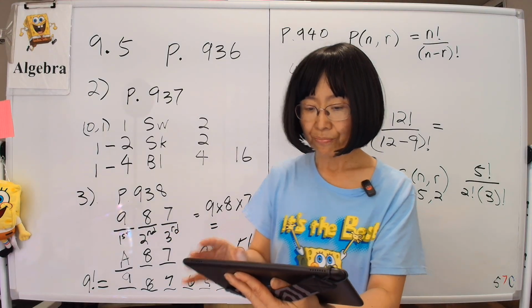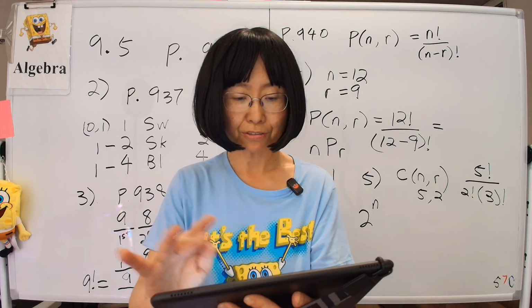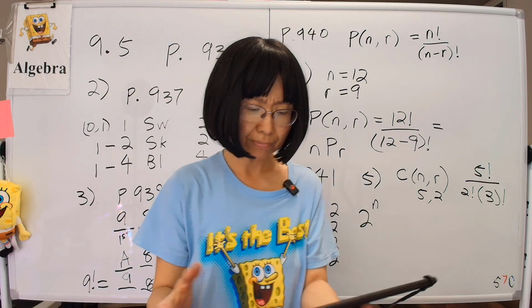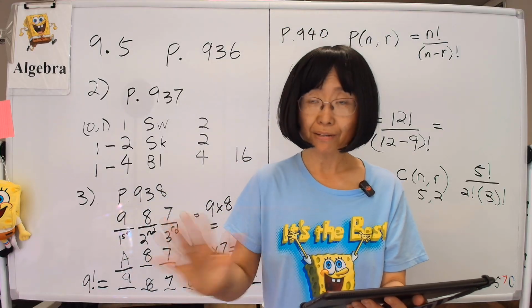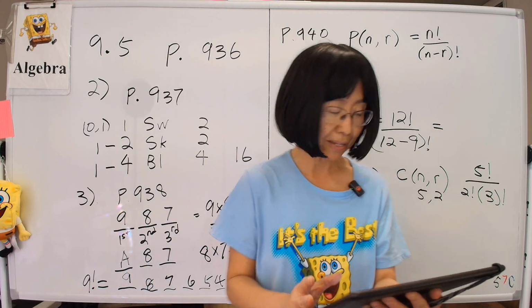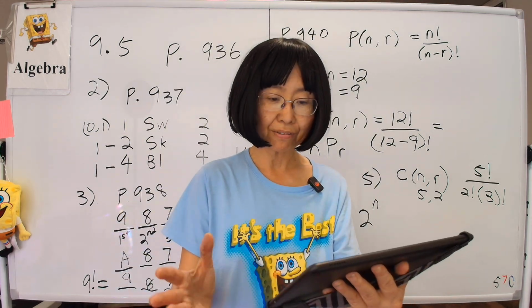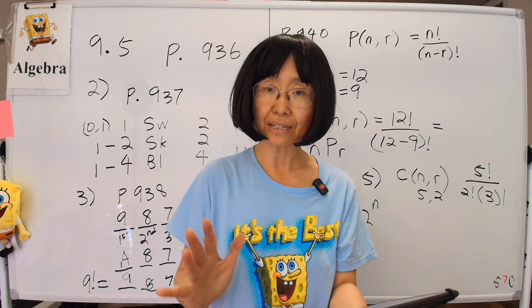But let's say at the bottom of this page 942, we're picking stickers. Then some of the stickers are the same, which confuses things a little bit. So how are we going to calculate if some of the stickers are the same?